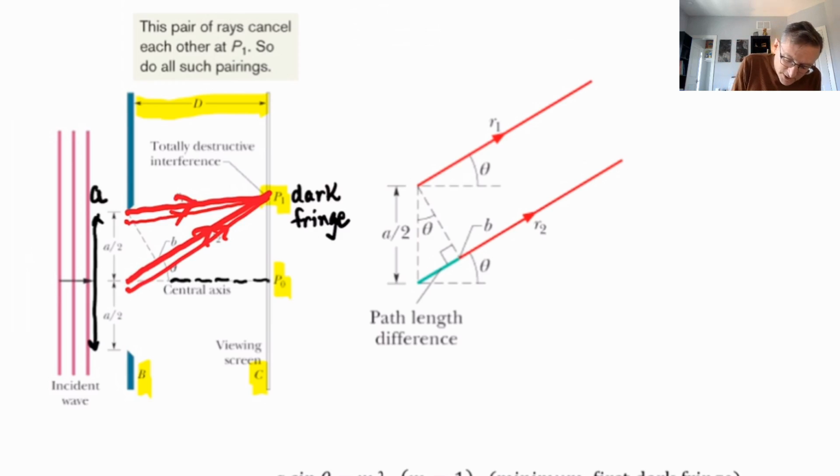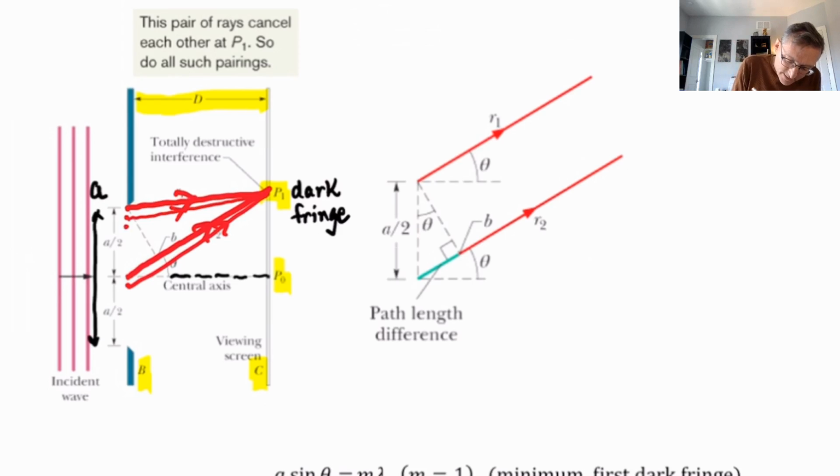And then take another Huygens wavelet just below the top one there and that one. Draw the rays to P1, and you want those to destructively interfere. And by pairing up points in each half slit that are each a distance a over 2 apart, and requiring that they destructively interfere at point P1, you know you'll get dark. You'll know you'll be at a point where there's darkness.